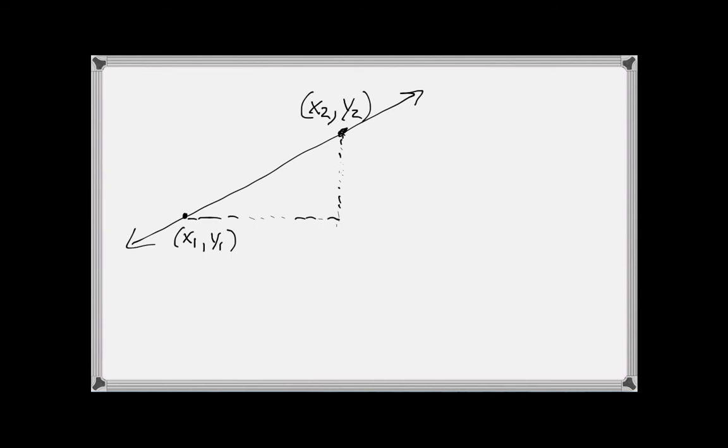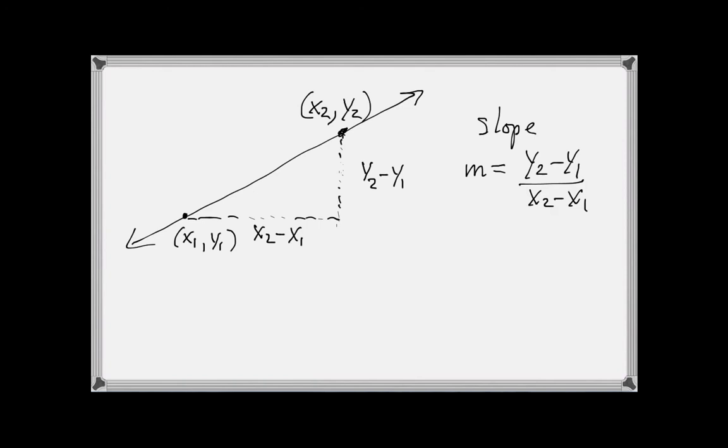The change in y-coordinates can be written as y2 minus y1. Change in the x-coordinates can be written as x2 minus x1. Therefore, the slope of this line, usually denoted m, equals y2 minus y1 divided by x2 minus x1.